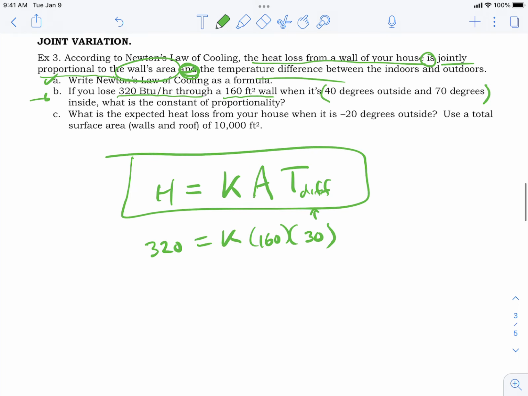We can now solve. Depending how you want to do this, you could just multiply the 30 times the 160 right away, which will give you 4,800. Then you would divide both sides by 4,800.